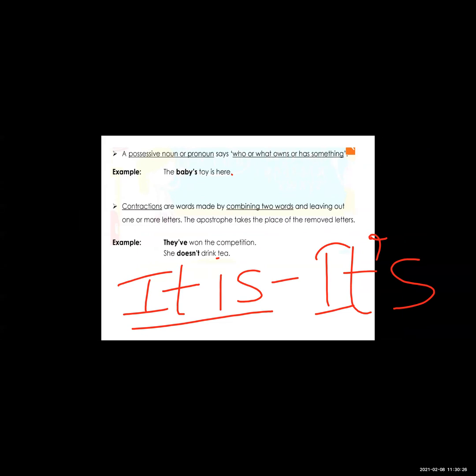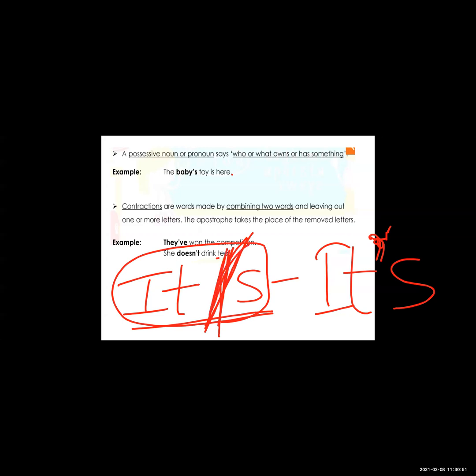So we replace this I with an apostrophe. So the apostrophe takes the place of the removed letter.